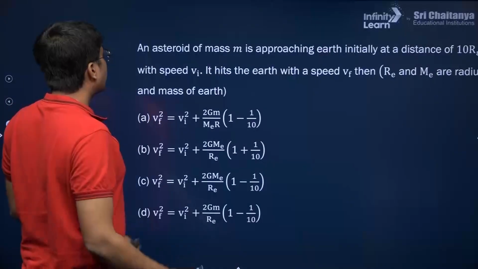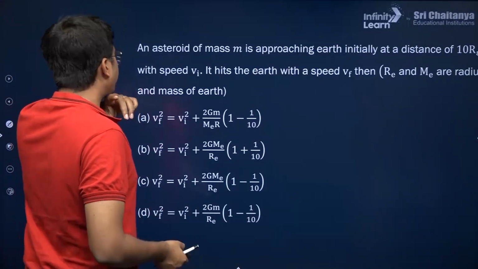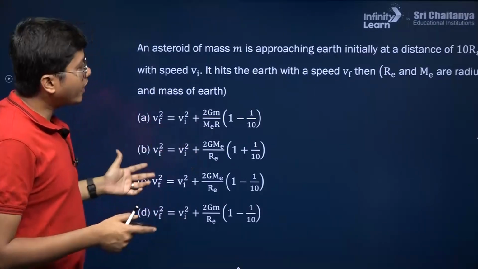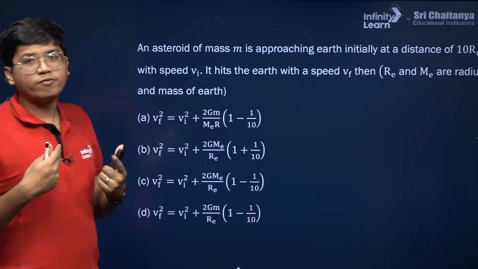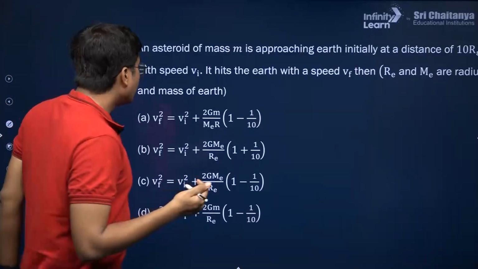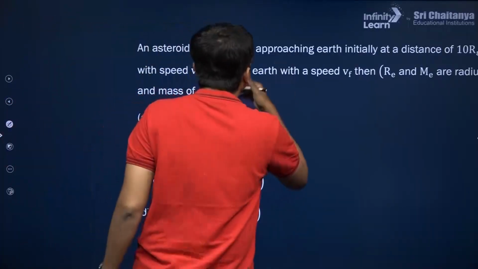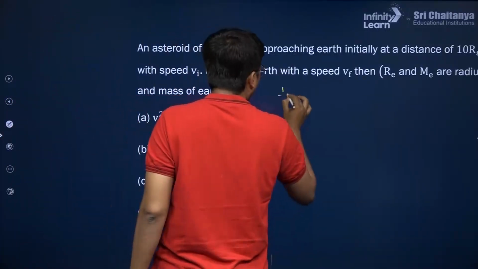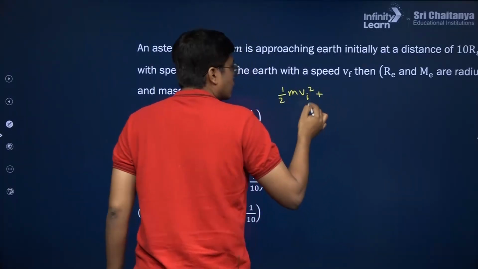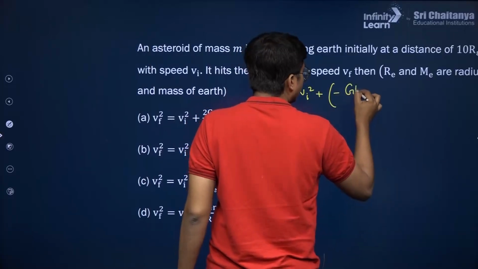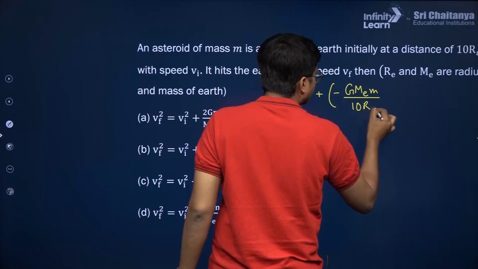Okay, next up, an asteroid of mass m is approaching Earth initially at a distance of 10 RE with speed vi. It hits the Earth with the speed vf. Then we need to find what is happening over here. So it's just conservation of mechanical energy. At the furthest point, your total energy is going to be half m vi square plus minus G m Me divided by 10 RE.